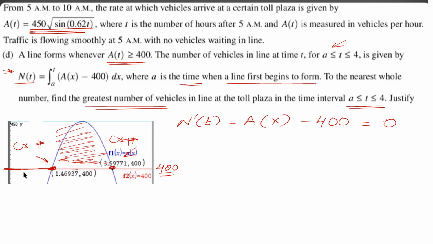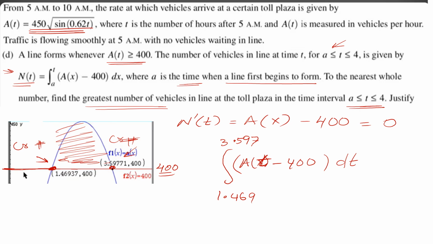So what you have to do is integrate the function A of t minus 400, or A of x minus 400, between 1.469 and 3.597 dt. You integrate the function where you will get the highest number of vehicles.